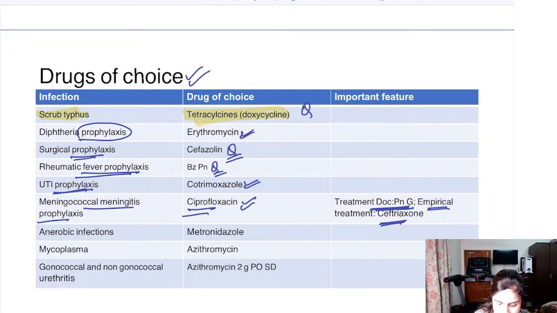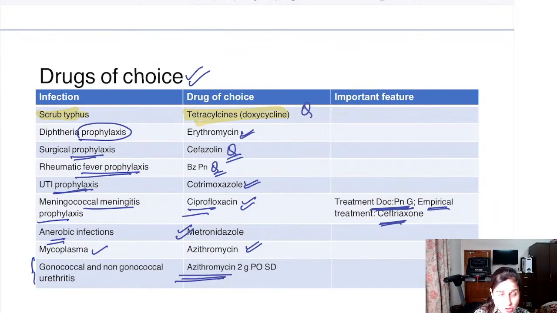Treatment, drug of choice, penicillin G. Empirical treatment, ceftriaxone. Prophylaxis, ciprofloxacin. All right. Anaerobic infections, metronidazole. Mycoplasma, azithromycin. Gonococcal or nongonococcal, anything, you have to give azithromycin.